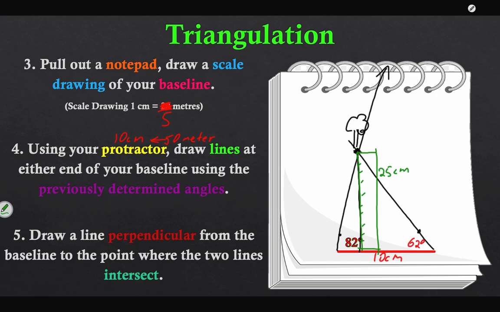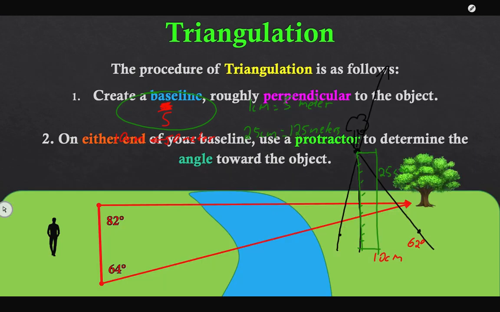Because this is a scale diagram, you can use the same scale as this right here. So you can say, okay, if 1 centimeter equals 5 meters, 25 centimeters should be 25 times as much. So that would be 125 meters. And then you could say that this tree in the previous question, or the last page, was 125 meters away from the person right there.